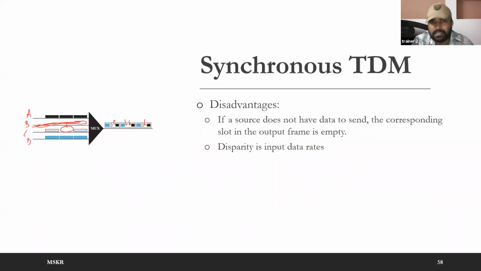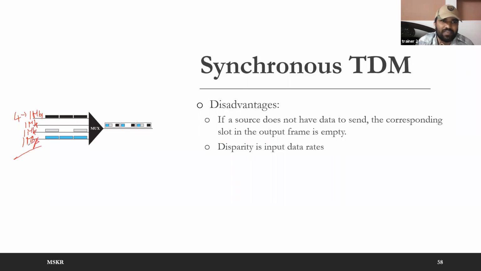And another disadvantage is disparity in input data rates. That means, previously till now I told you, when you have 4 users sending with the same data rate, let's say 1 Mbps, 1 Mbps, 1 Mbps.